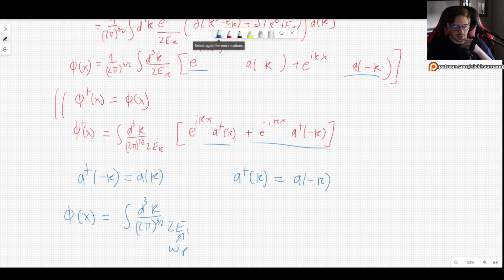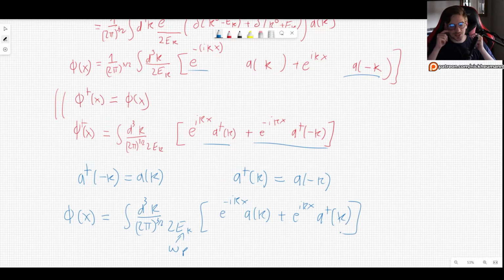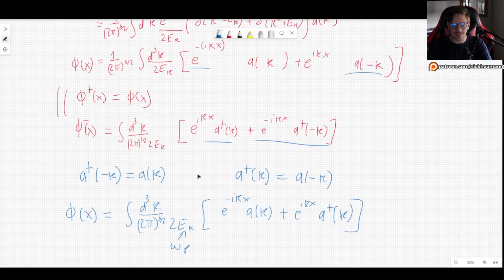And then we have e to the minus ikx a of k plus e to the ikx, and now a dagger of k. And now you can see that we have written our phi in terms of the ladder operators, even though we haven't really checked that they are ladder operators yet. But in analogy to the quantum harmonic oscillator, this is a pretty nice step.